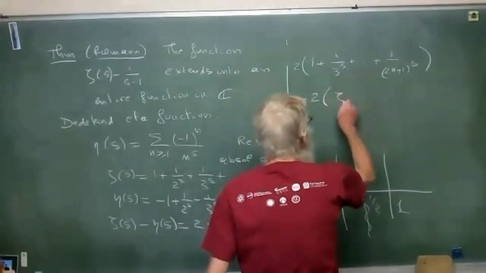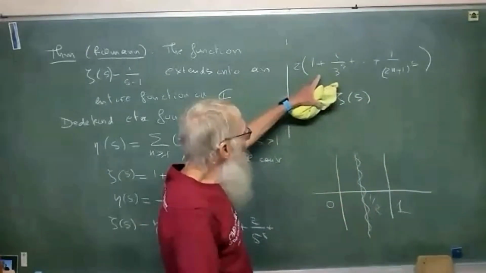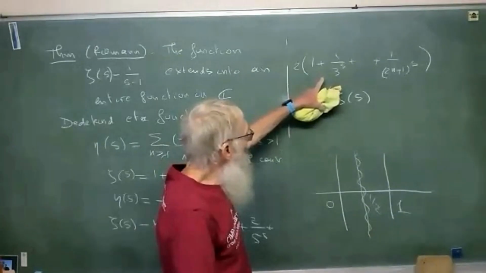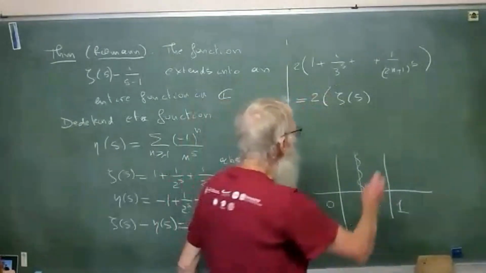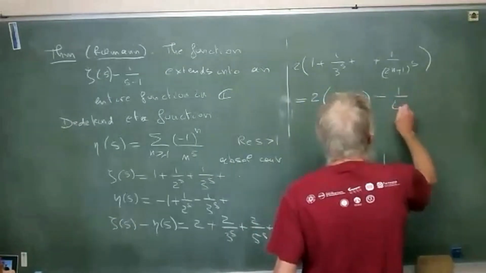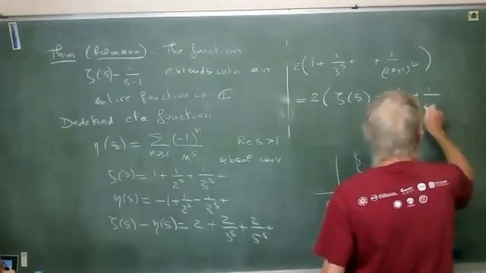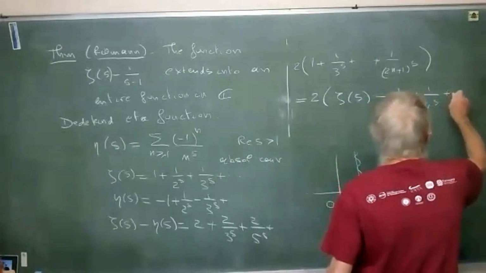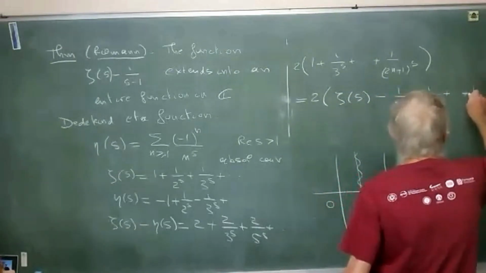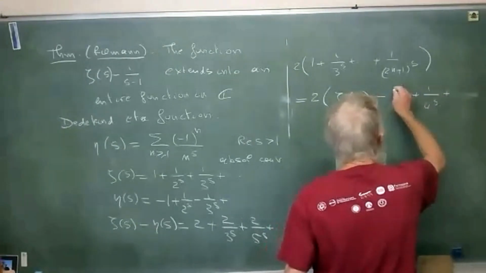So we will have zeta of s, and here, what is missing is, so we have added 1 over 2^s plus 1 over 4^s plus 1 over, okay, I shouldn't go too far.